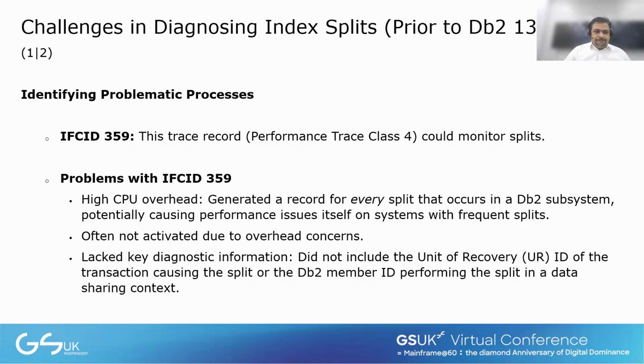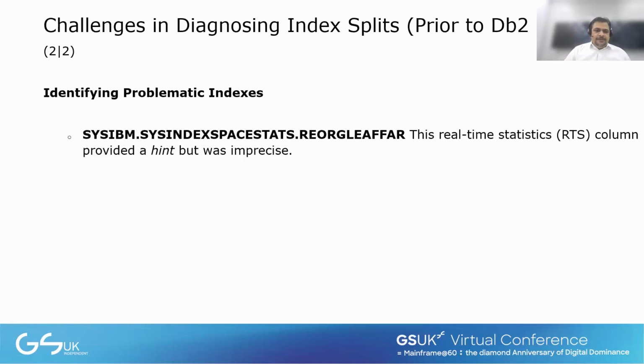Another problem was that the only thing you had in the catalog, basically in RTS, in the index space stats, were the columns REORGLEAFNEAR and REORGLEAFFAR. REORGLEAFNEAR tells the number of leaf pages where the next page from the previous page is found due to all these splits.